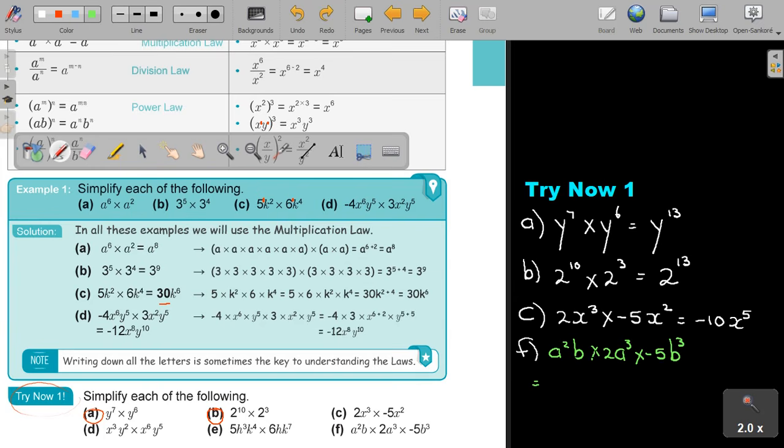And that will give me an answer of negative 10, and then it's a, 2 plus 3, that's 5, and it's b, 3 plus 1, and that's 4. And that will be my final answer. Okay, let's move on.